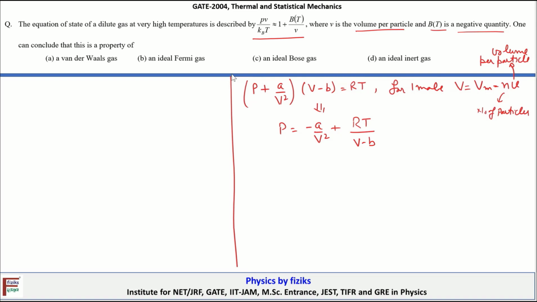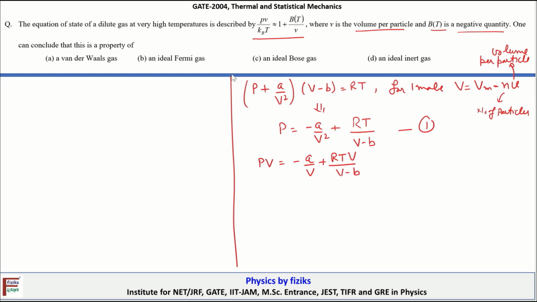Let me call this equation 1. Now we multiply on both sides with v, so then we obtain Pv equal to minus A by v plus RT v upon v minus b.